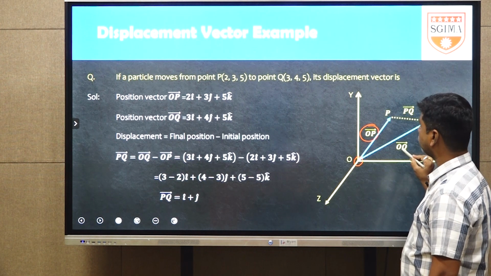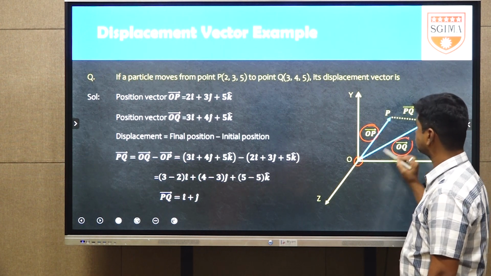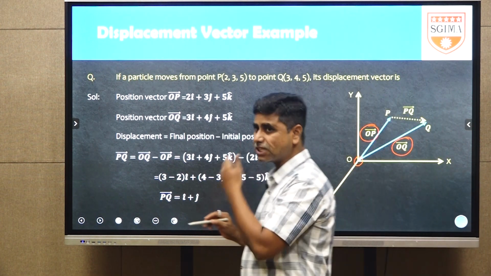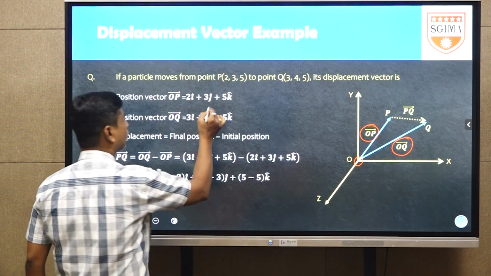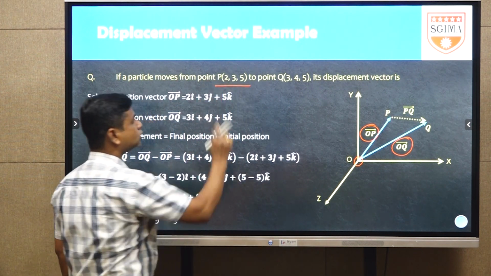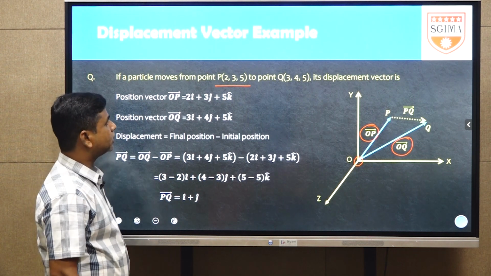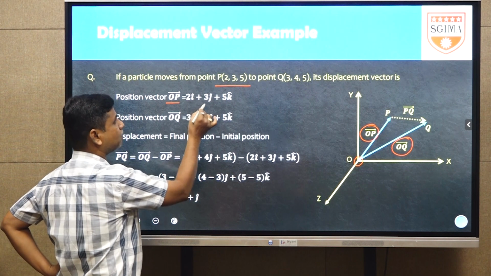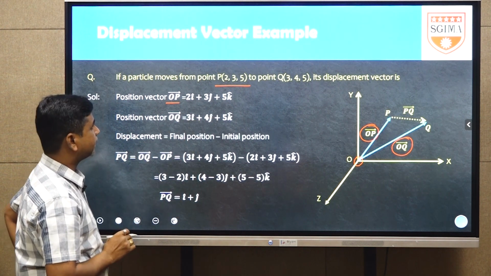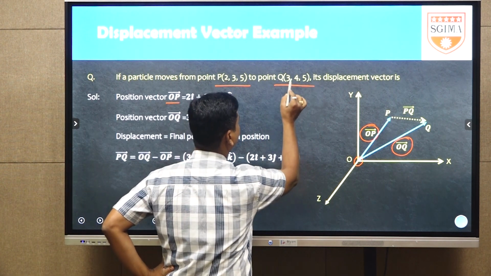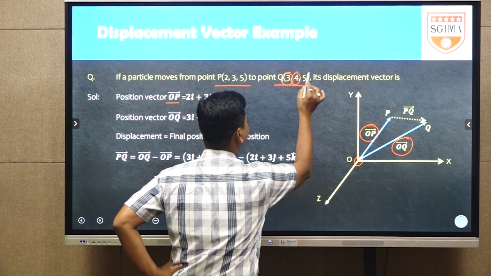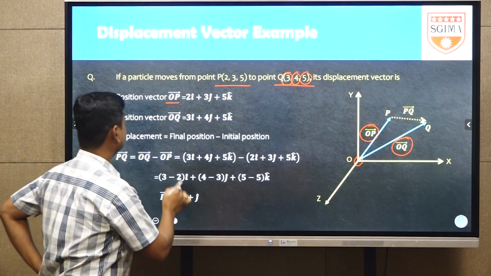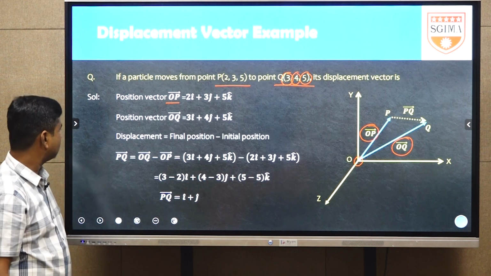The second vector, our final position vector, is OQ bar. For position vector OP bar, the X coordinate is 2, Y coordinate is 3 and Z coordinate is 5. Then OP bar equals 2i cap plus 3j cap plus 5k cap. OQ bar equals 3i cap plus 4j cap plus 5k cap. This is the OQ bar vector.